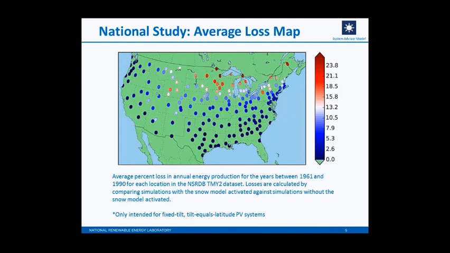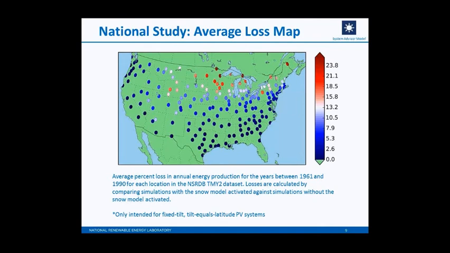As far as the validation goes, if you look specifically at January and December, you can see that activating the snow model brings down the estimated energy to a much closer value to the measured result. If you look at February, you can see that while the model is definitely improving the estimation, it's still over-predicting by quite a bit.